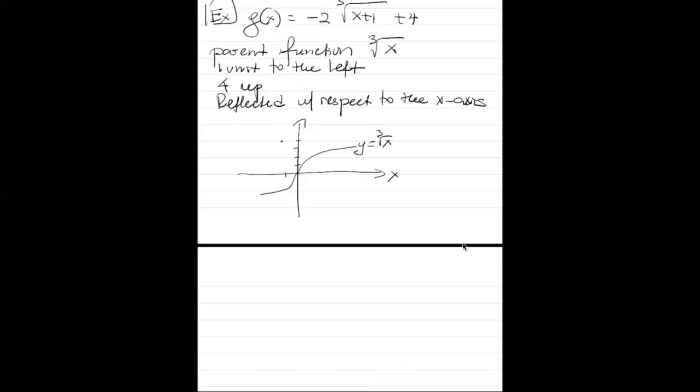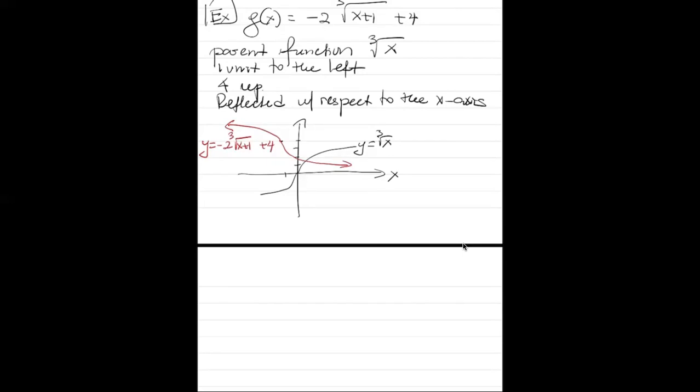And we're also going to flip it. If you have the reflection, then if we're going to flip it, that's going to be up like this and this one like that. So here you go. This is our function, negative 2 cube root of x plus 1 plus 4.